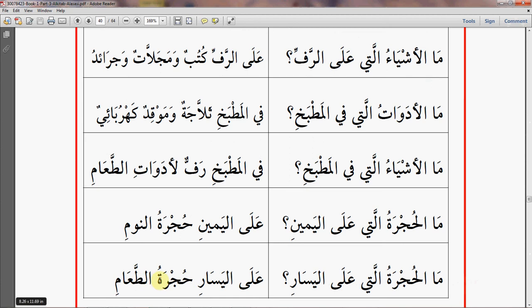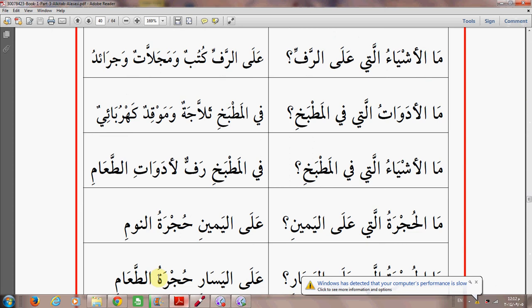Is it similar to في المطبخ ثلاجة وموقد كهربائي? Definitely no, there is no similarity between them. So على اليسار is opposite to على اليمين, like in this column. So it will be: on the left hand side there's the dining room. على اليسار حجرة الطعام.